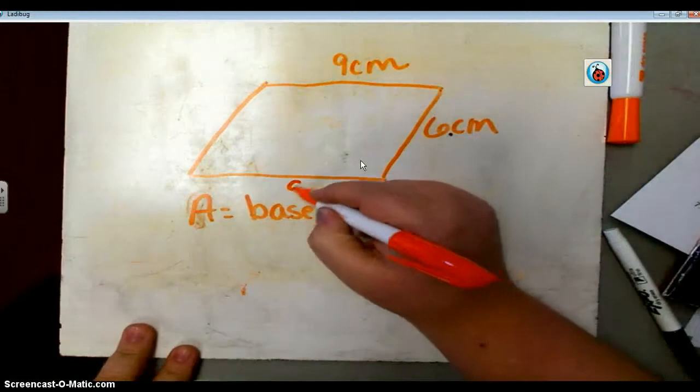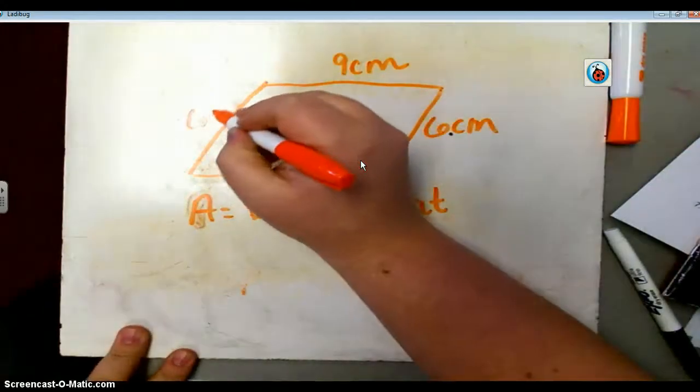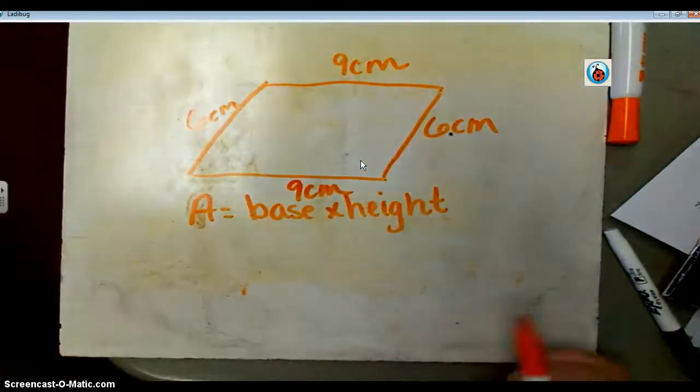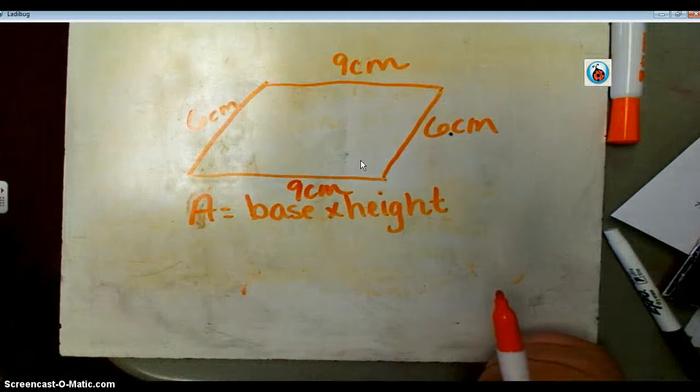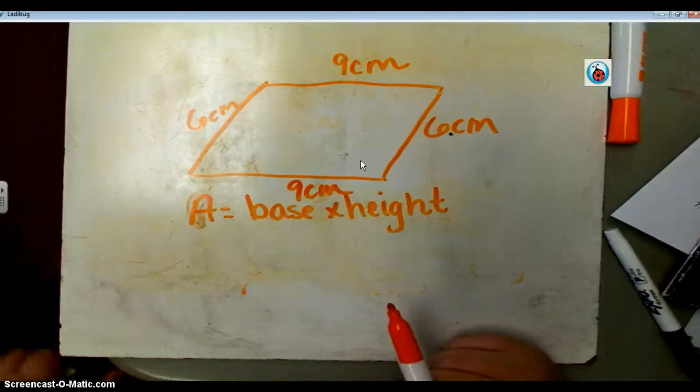The bottom would be 9 centimeters, yes? This would be 6 centimeters. If this side's 6, this side's 6. What is it missing? It's base times height. What is it missing? If you're not sure, phone a friend, phone back to Hope.